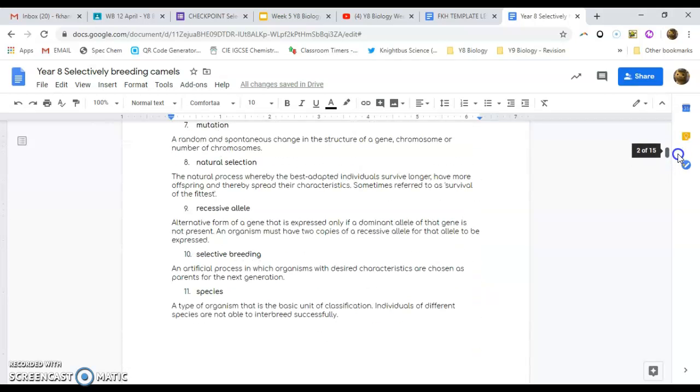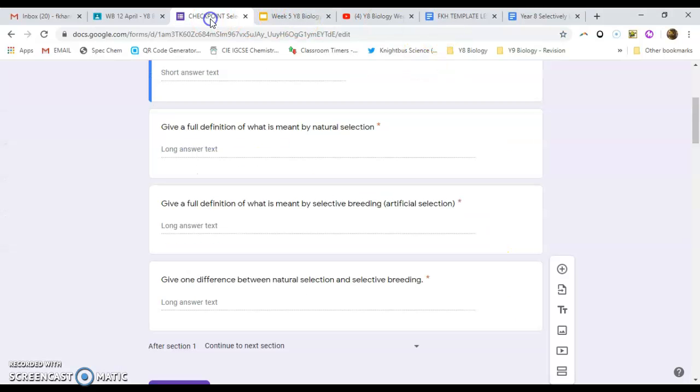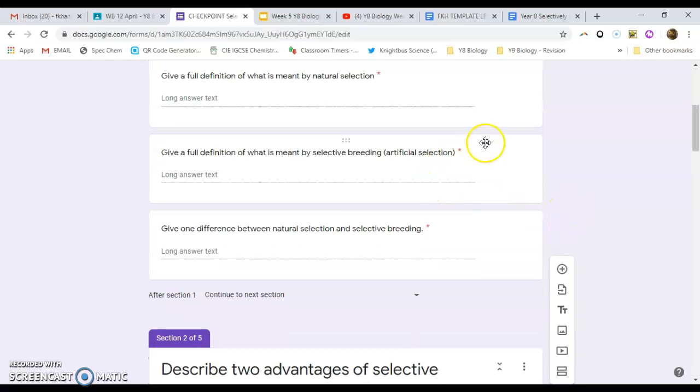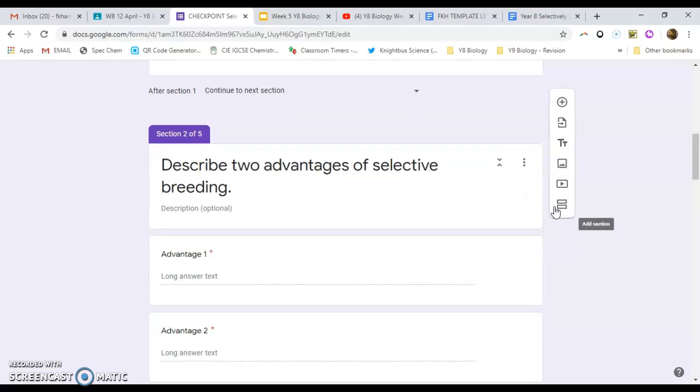You've got natural selection and selective breeding, which is artificial selection. All you need to do is just highlight those, pop them in the quiz. Okay? The difference between natural selection and selective breeding is also in the document.